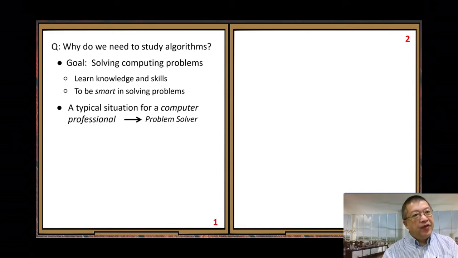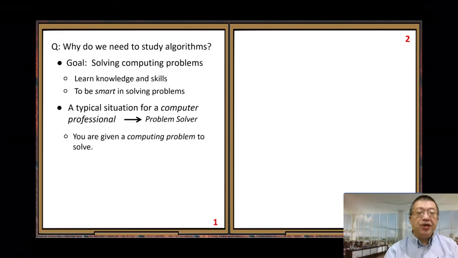You can think about a real world situation. When you are given a computing problem to solve, what are the basic factors you really need to pay attention to? We start from that point of view.